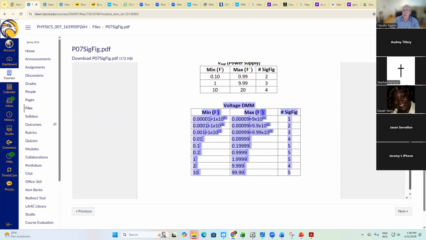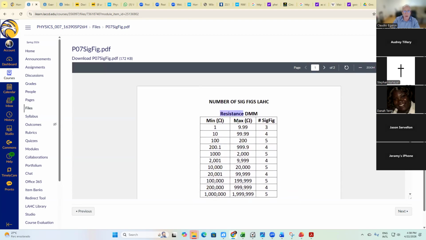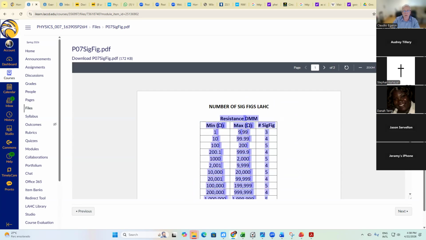For lab number three, which was resistance measurements, we used only this table. See the difference now? For lab number four, we are using all four tables. You will have to refer to all those four tables for the significant figures. Thank you. Okay, is that clear? Or too complicated? Yes, it's clear. Thank you.